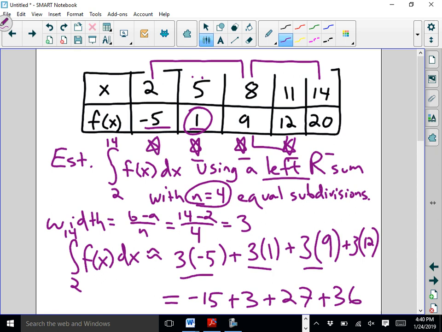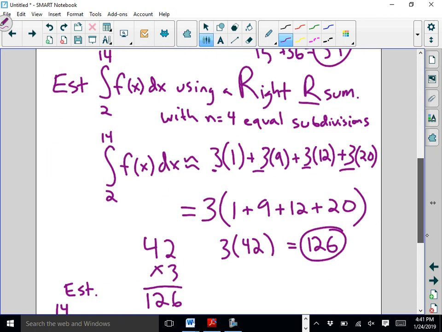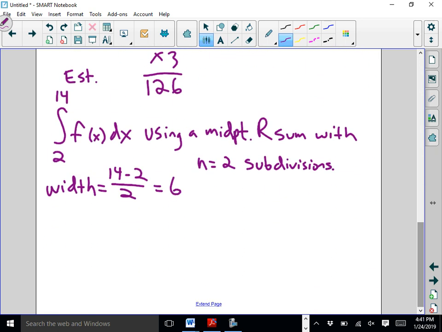So here's what I get doing a midpoint Riemann sum here. Integral 2 to 14 of f of x dx approximately equals. Note my new width, right? I'm not using 3 anymore, I'm using 6.